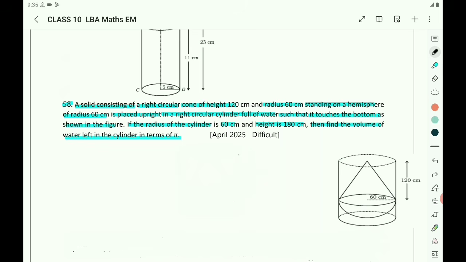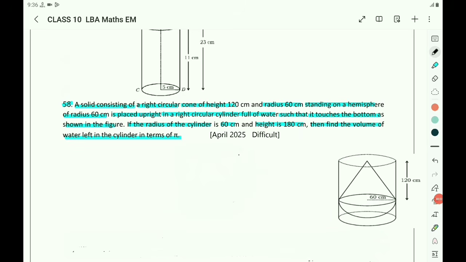Here what happens? If the solid containing the cone with the hemisphere is kept inside the water, the cylinder was full of water, and when the solid of cone with the hemisphere is kept inside the cylinder, water comes out. And we have to find the amount of water left in the cylinder. So to find the amount of water left in the cylinder, what we have to find out?